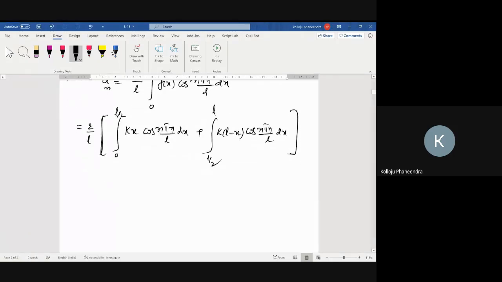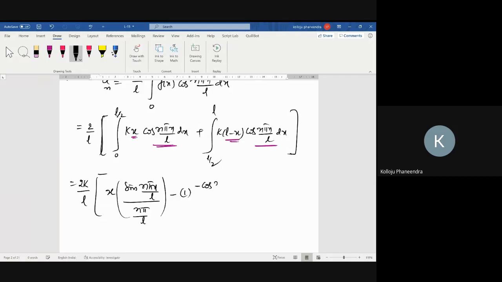Now k is common: 2k by L. First integration, this is x and this one, and similarly L minus x and this one. For the first part, x derivative part as it is, cosine integration sine n pi x by L by n pi by L, minus x derivative 1, and sine integration cosine n pi x by L by n square pi square by L square.